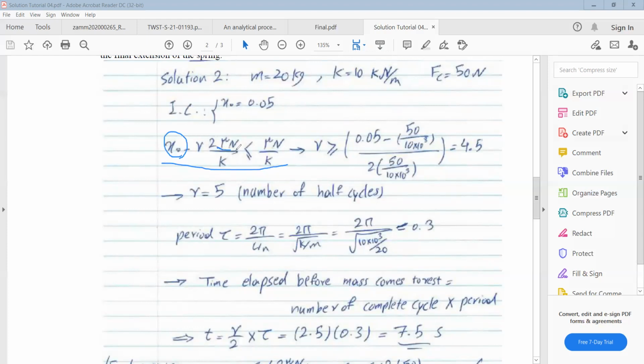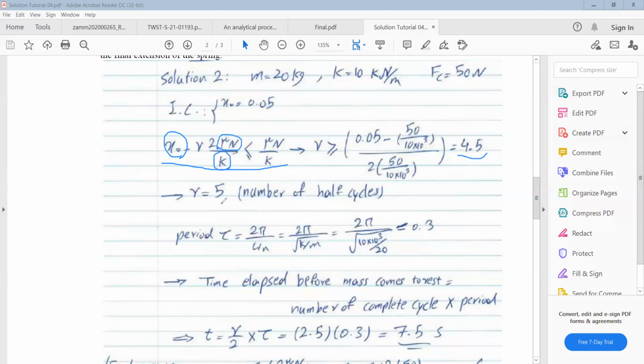Of course, mu times N, which is the force of the friction, is 50 Newton. We have the stiffness of the spring. And finally, we can solve this equation for R, and we can conclude that R must be more than 4.5. And again, we should round it, and R will be 5, the number of half cycles.